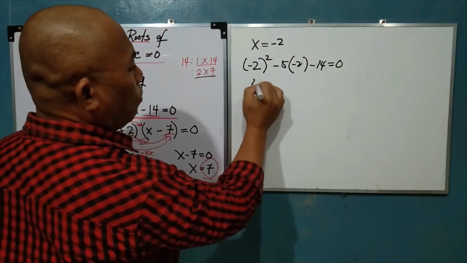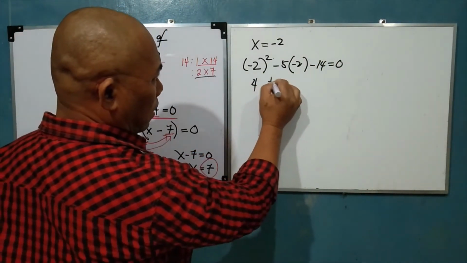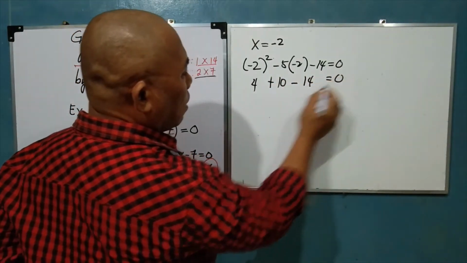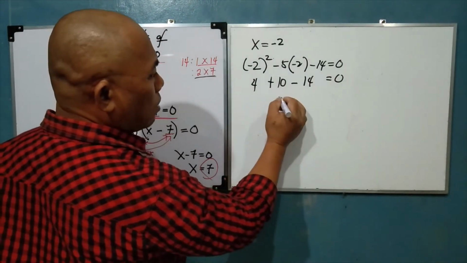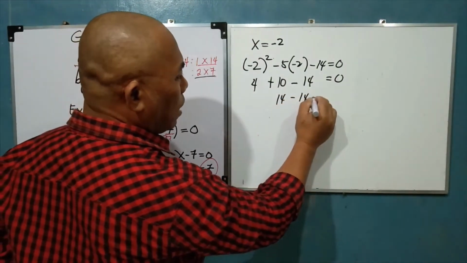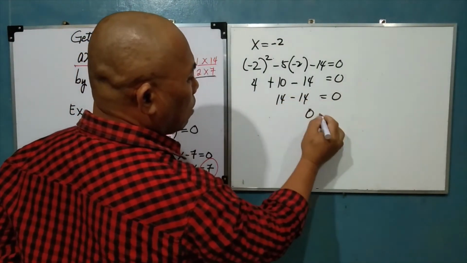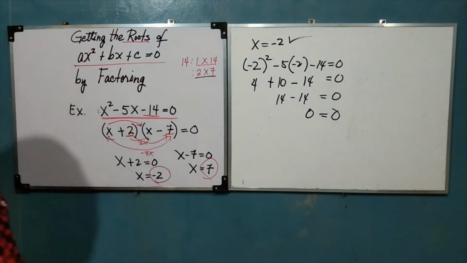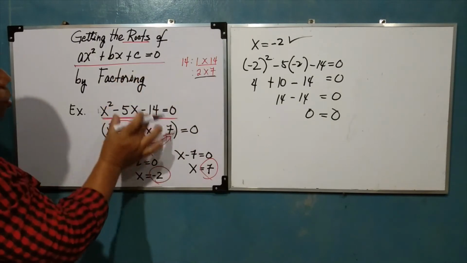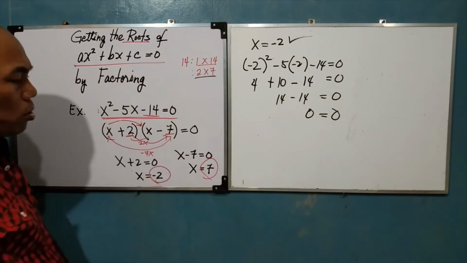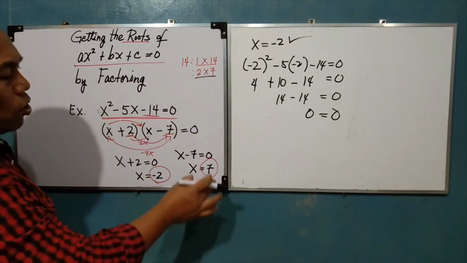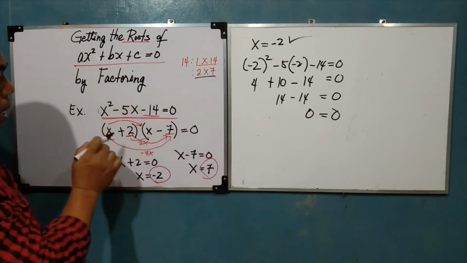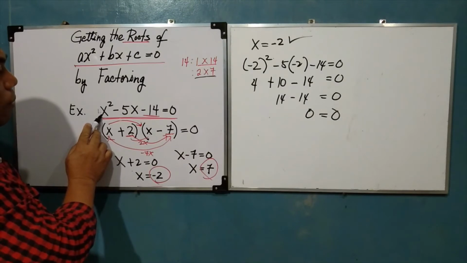This is equal to 4. This is 10 minus 14 equals 0. 4 plus 10, so you have 14 minus 14 equals 0. So 0 equals 0. So negative 2 is a root of this quadratic equation. Okay, you can also check if this 7 is a root. You simply replace x by 7.